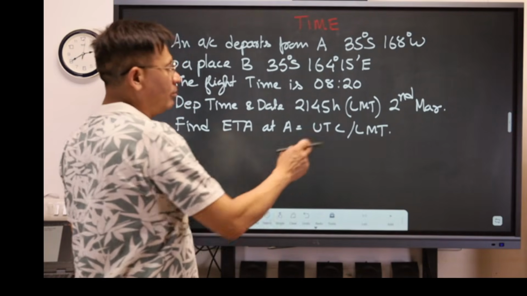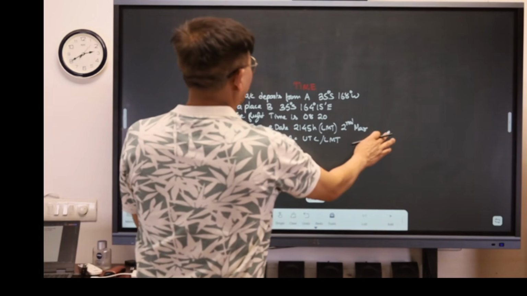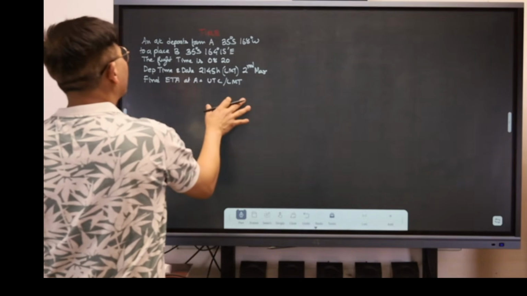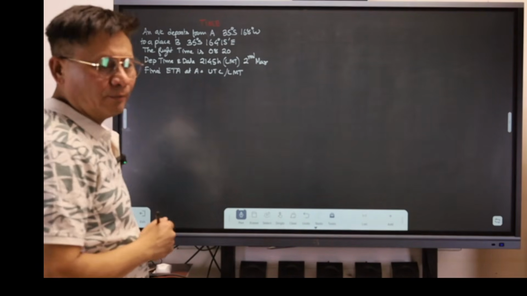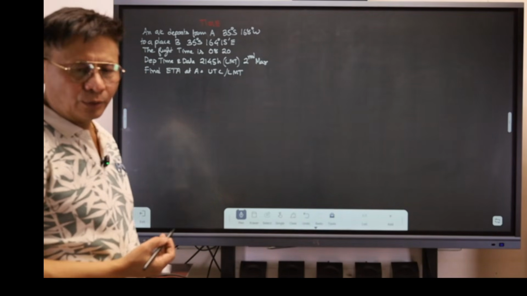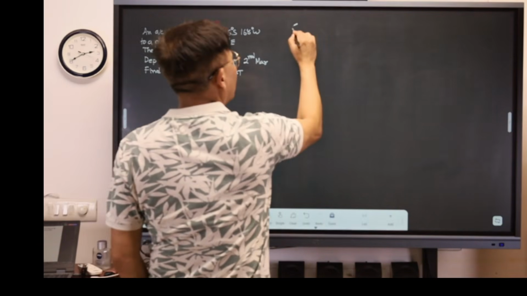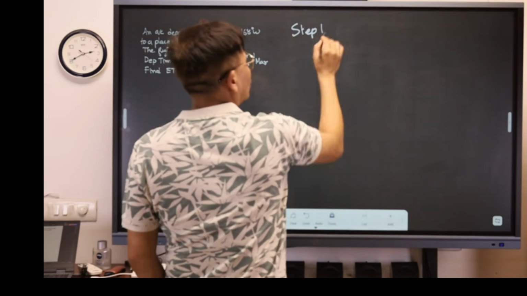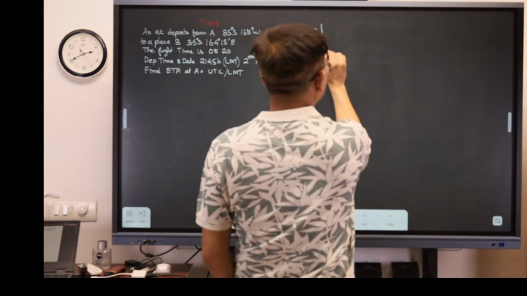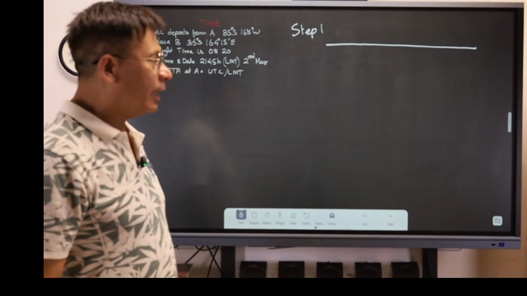Let me minimize this question a little bit so that I have some space to solve the numerical. First of all, when you have such kind of a question, it is always better to go step by step. The first step is to draw a line representing the aircraft track on that particular latitude.